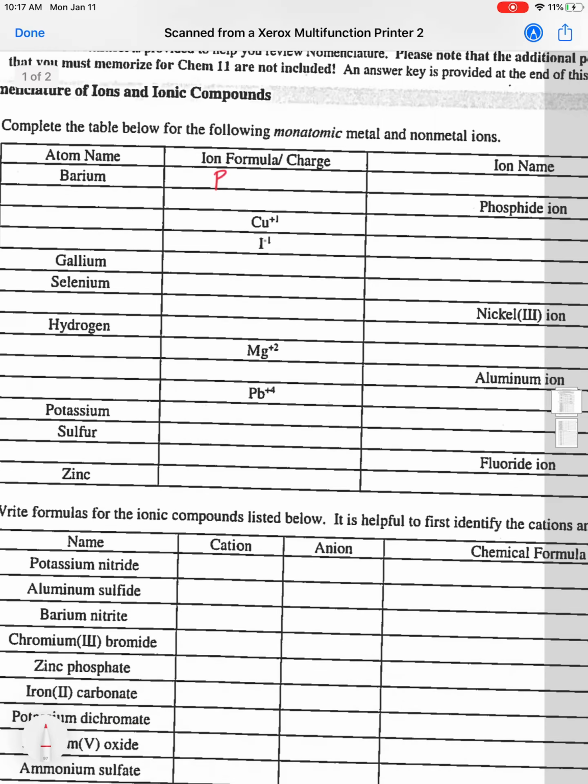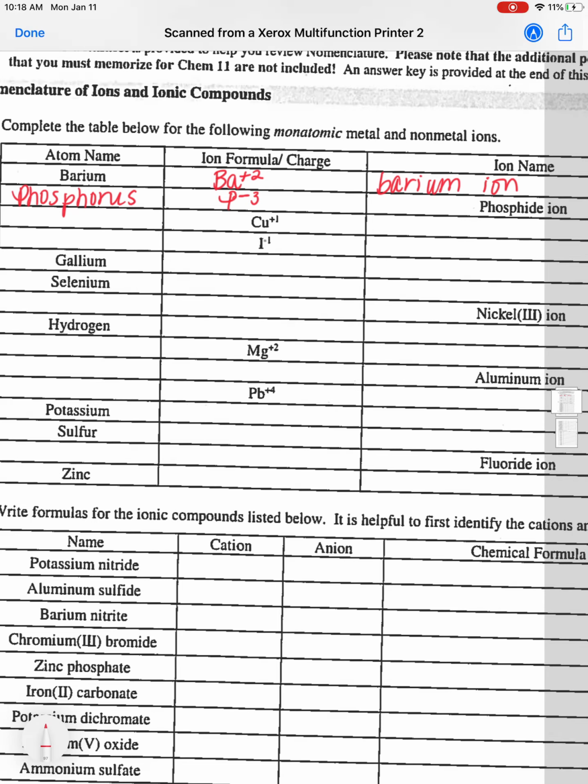So barium is Ba, and if I look Ba up on the periodic table, Ba likes to have a +2 charge. So the name for that would be barium, but I would have to call it barium ion since it has a charge and it's not the element. Phosphide ion. Phosphide comes from the element phosphorus, which has the symbol P, and since it's phosphide, I know that it's negative, and if I go to my periodic table, phosphorus is 3 spaces from the noble gases, so that would be P -3.